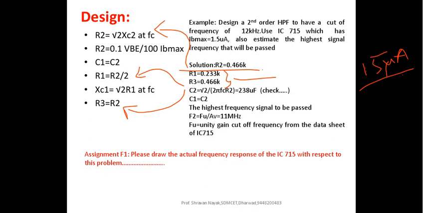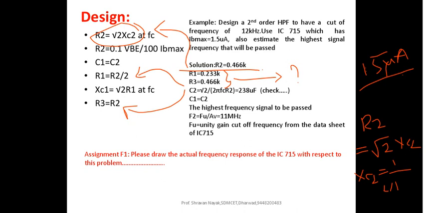Then take the relationship between C2 and R2, where R2 is equal to root 2 XC2. So you should be able to get the value of C2 after having modified the first equation in the design steps. So you would get C2 equal to root 2 divided by 2 pi FC into R2. Please check that equation.